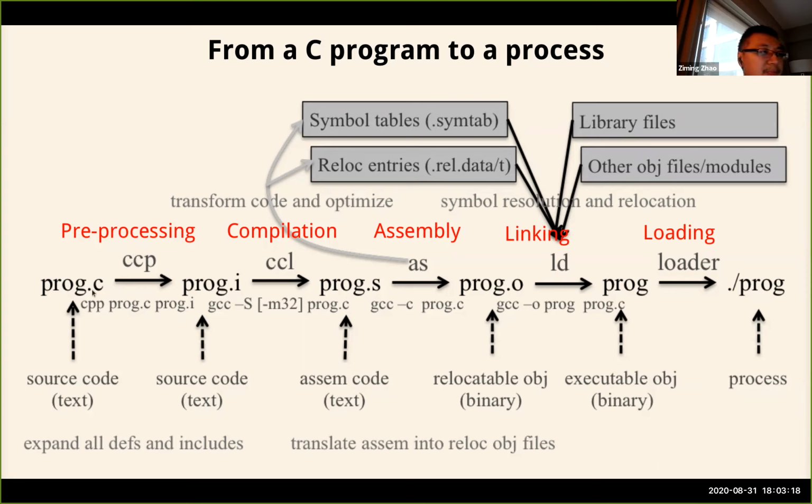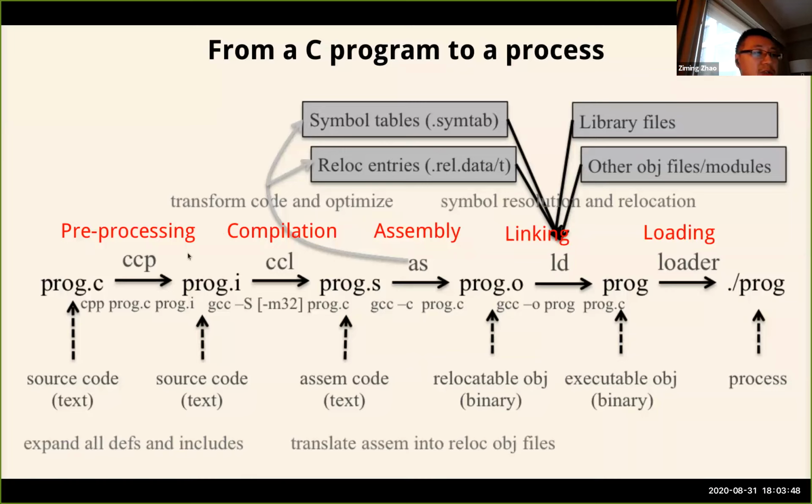And maybe if you are C programmers, you probably know that you can do some kind of conditional compiling using directives like ifdef, ifndef, something like that. So if you define something, the compiler is supposed to get this part done, otherwise other parts. That is also the pre-processing part.